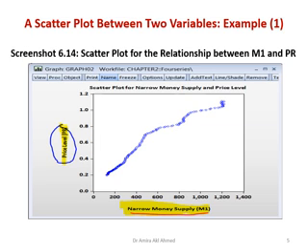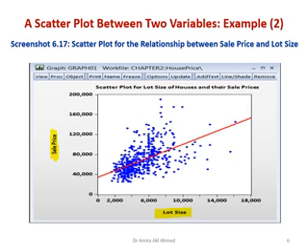Note that the regressor is represented by the horizontal axis, whereas the dependent variable is represented by the vertical one. Now let's consider another example using the screenshot 6.17.